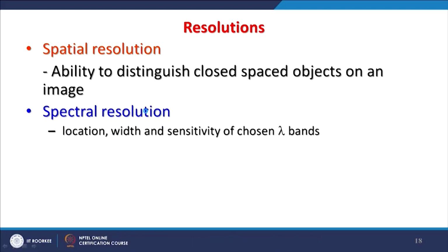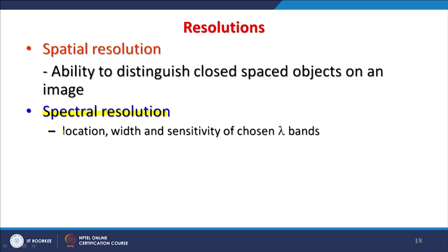In satellite images there are 4 resolutions. Spatial resolution is common to both satellite images and DEM, whereas satellite images also have spectral resolution, and because we use satellite images to generate digital elevation models, it is also necessary to know about that.